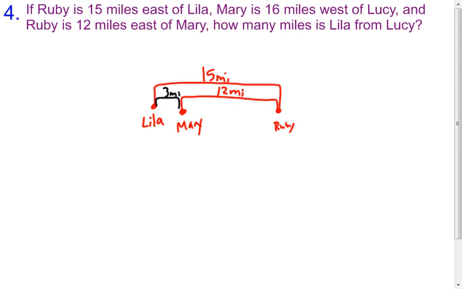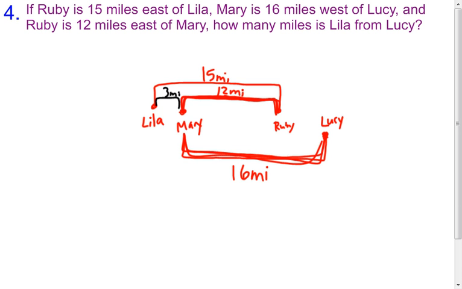Ruby is 12 miles east of Mary, and Mary is 16 miles west of Lucy. So I have 16 miles here, and this is where Lucy is. It's 12 from here to here, and 16 from here to here, so clearly this distance must be 4 miles.